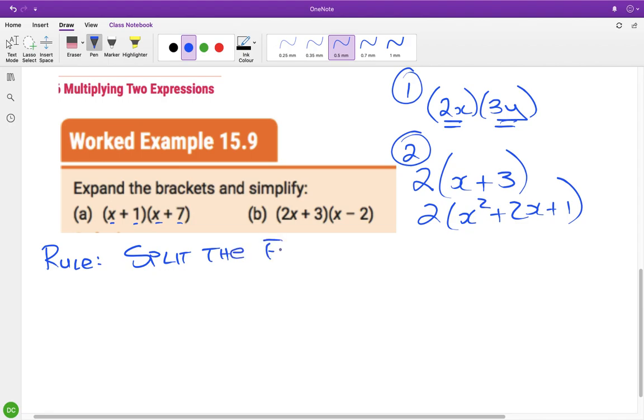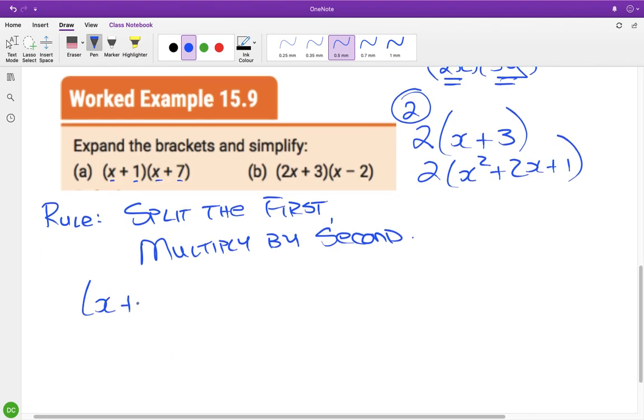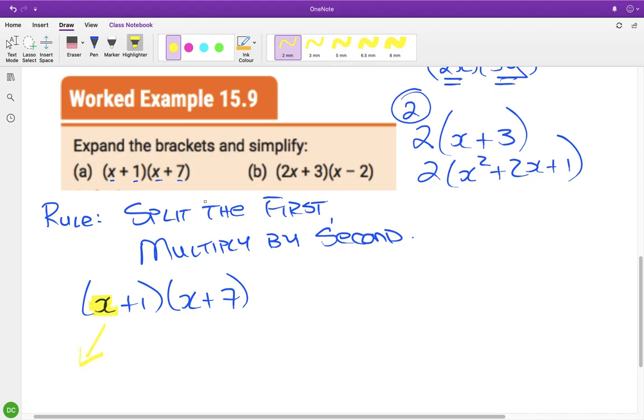So split the first, multiply by the second is the rule. Okay, so now you'll get the hang of this. So we take the first bracket and we're going to split it up.